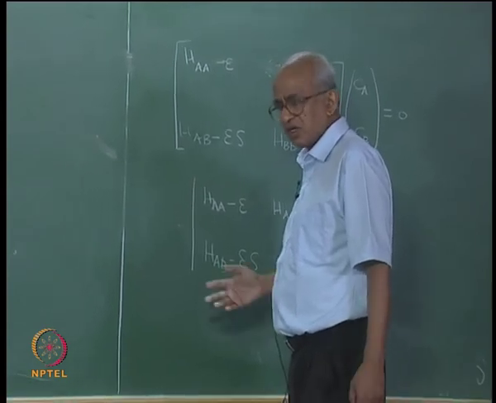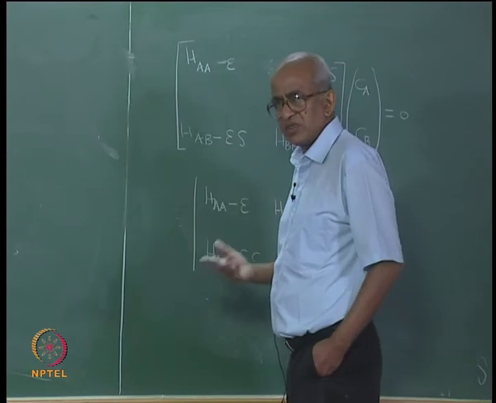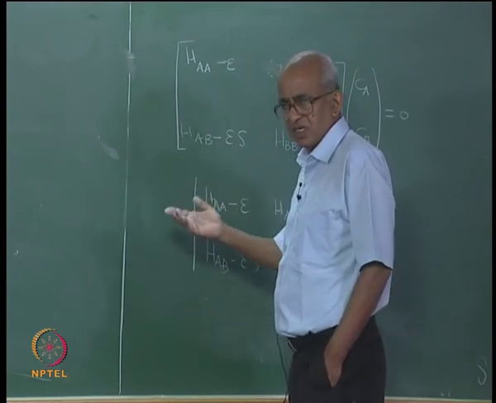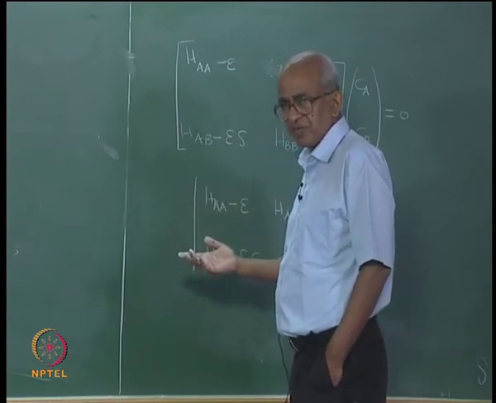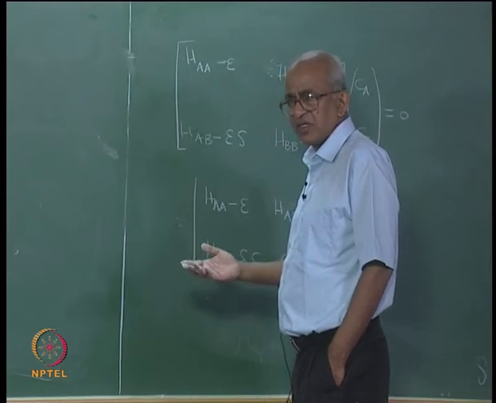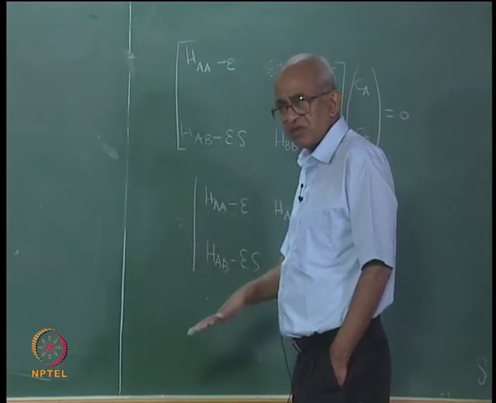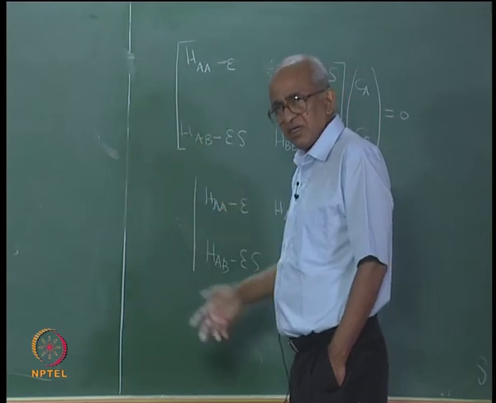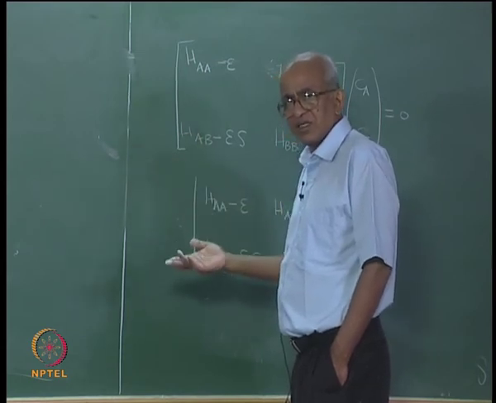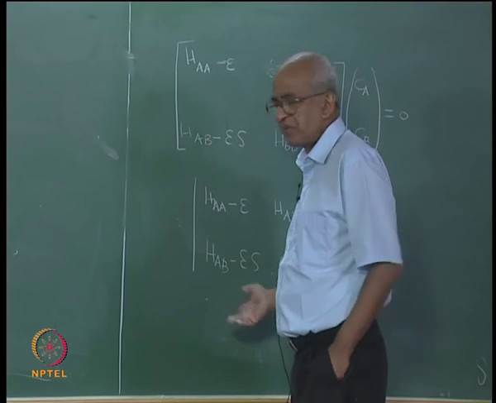And then the question is, are these two solutions physically meaningful? We will see that they are physically meaningful. What will happen is that one of them represents the ground state of the system and the other one represents a possible excited state of the system. That is what will happen.